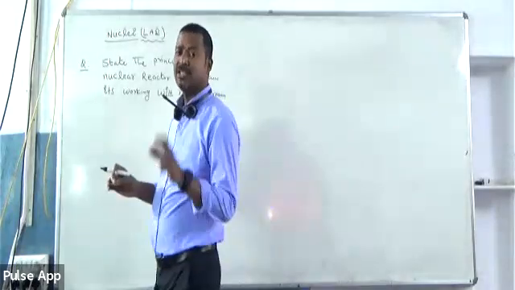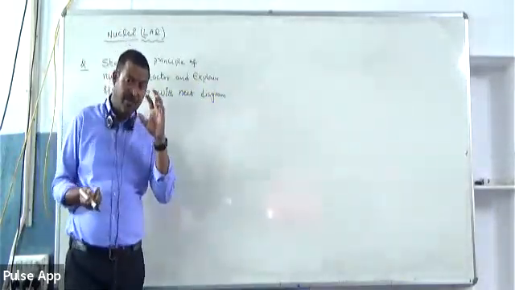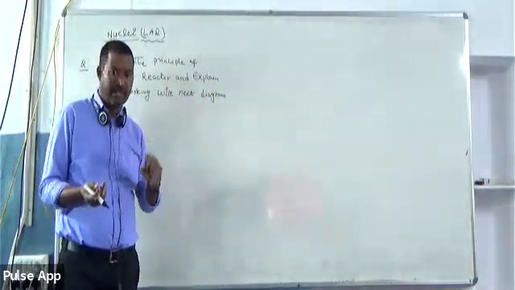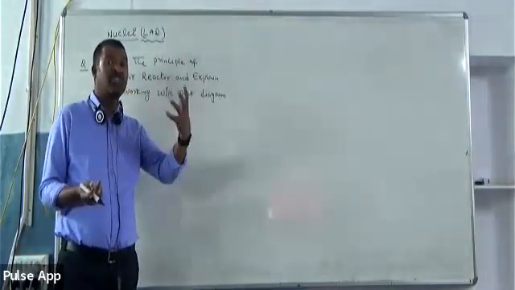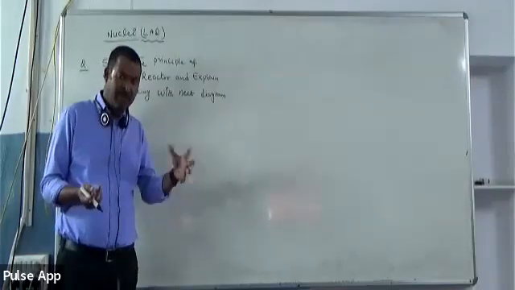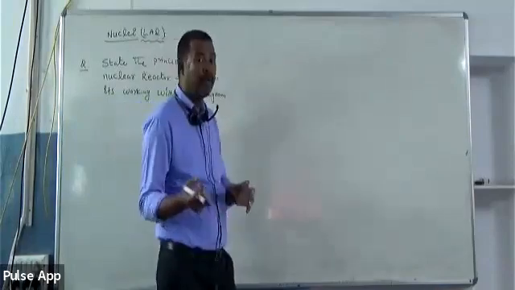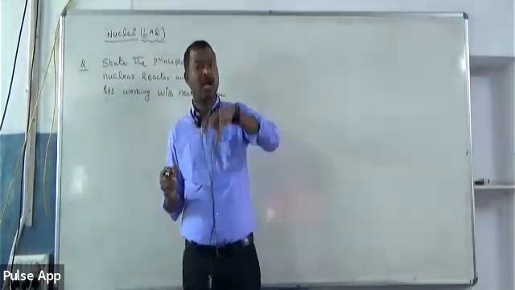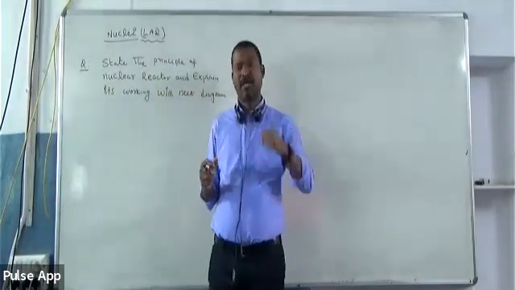By using that nuclear fission energy, the nuclear energy in the form of heat is generated, and that heat is used to develop steam from water. This steam, generated by nuclear fission energy, is allowed to fall on the turbines.